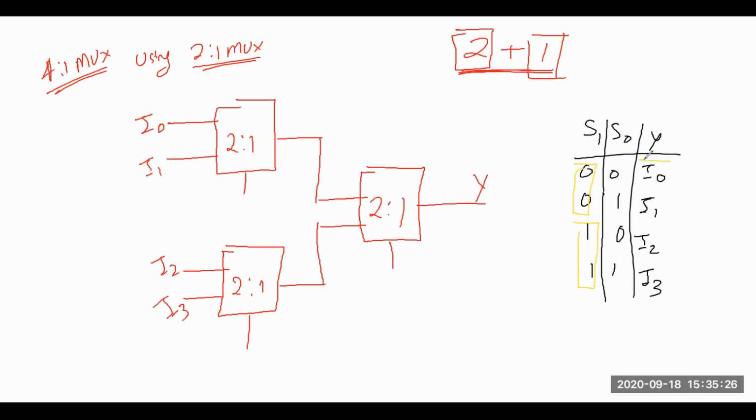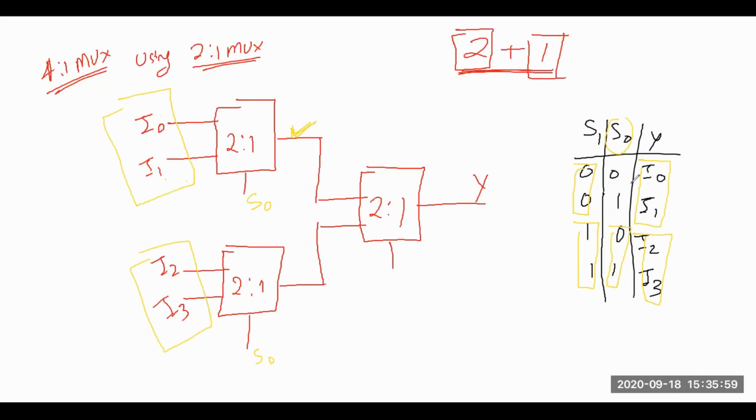These two I have connected to my first multiplexer, so to get these two according to S0, I select them at S0. In a similar manner, I2 and I3 are connected here, and for selecting I2 and I3 I need S0 here.